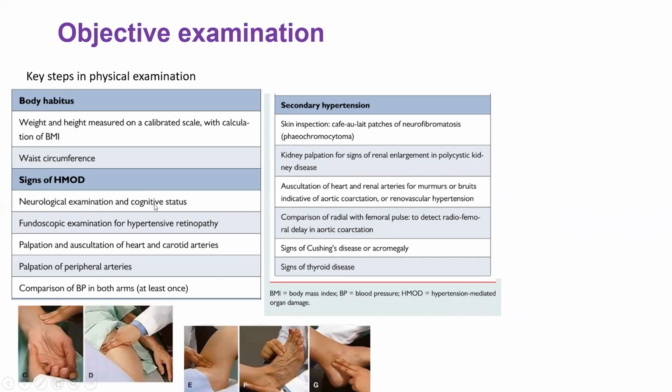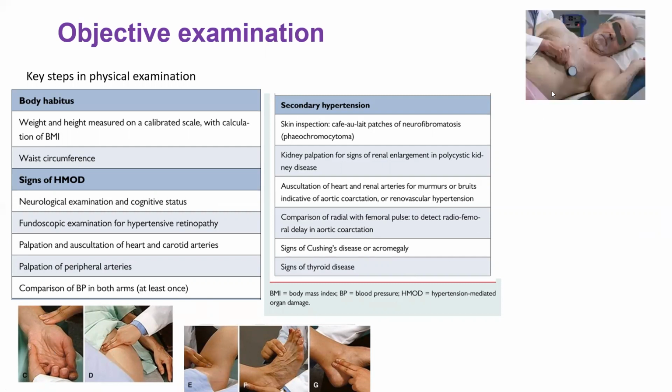At objective examination, we perform palpation of peripheral arteries in symmetrical parts, in both hands and in all extremities. We palpate arteria radialis, arteria femoralis, arteria poplitea, and arteria dorsalis pedis. And we perform auscultation of patients.